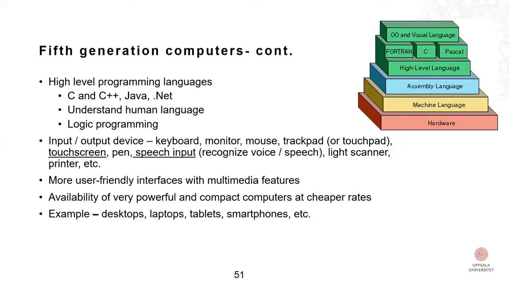And we have light scanner, etc. So the computers in the fifth generation became much more user-friendly, and they have many multimedia features. They are available for low prices, but still very powerful computers. And examples of it are needless to say. They are desktops, laptops, tablets, etc.